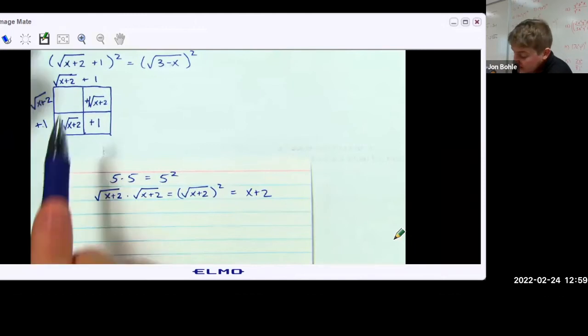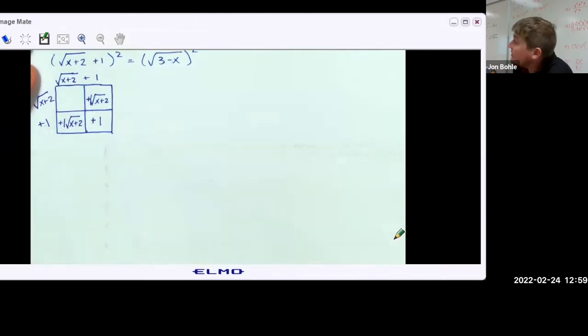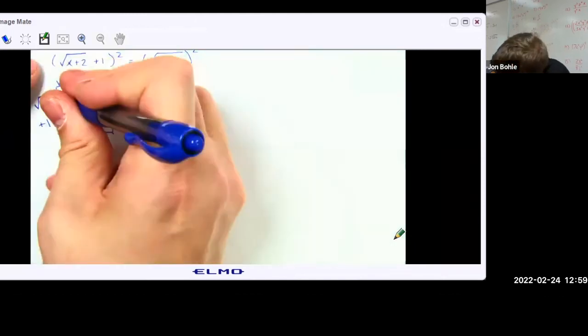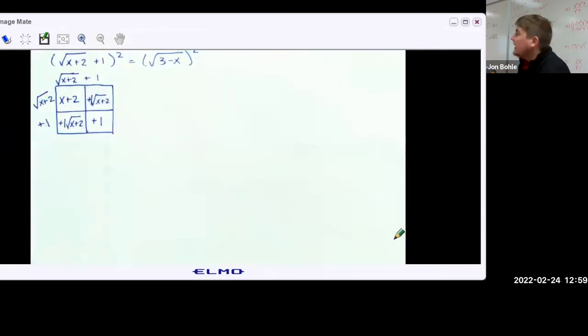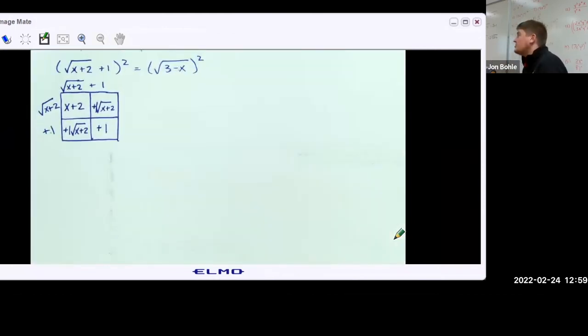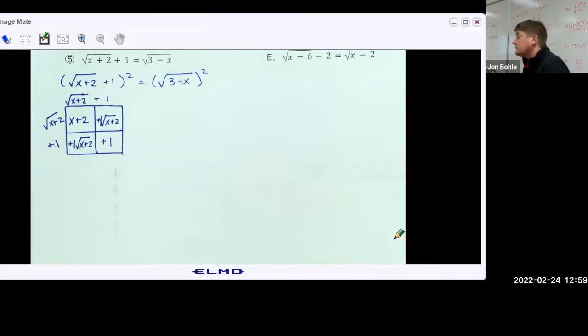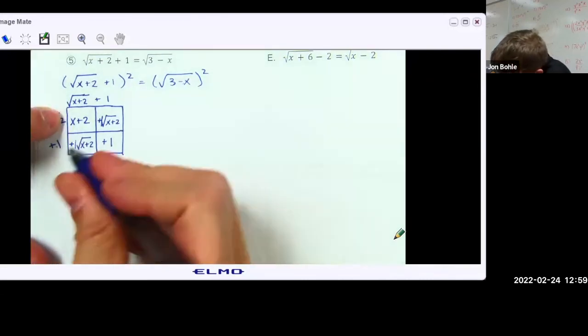So what is the square root of x plus 2 times the square root of x plus 2? Okay. Do I have any questions about that? Okay. So the left-hand side is now x plus 2.